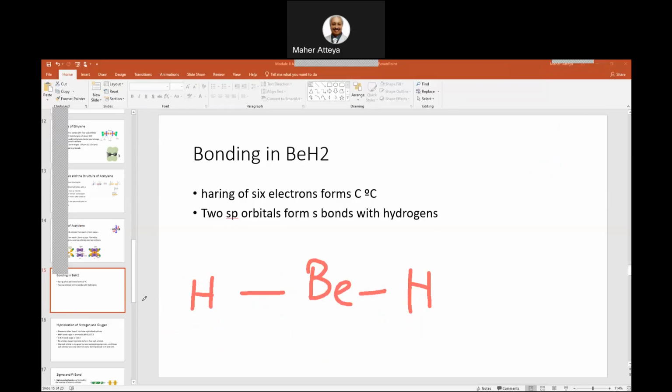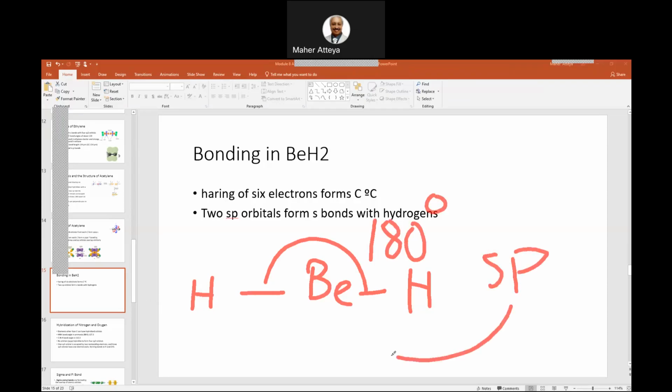What will be the hybrid between beryllium and hydrogen? Somebody tell me. It is linear, correct. So from this, I can tell this angle is what? 180 degrees. Perfect.